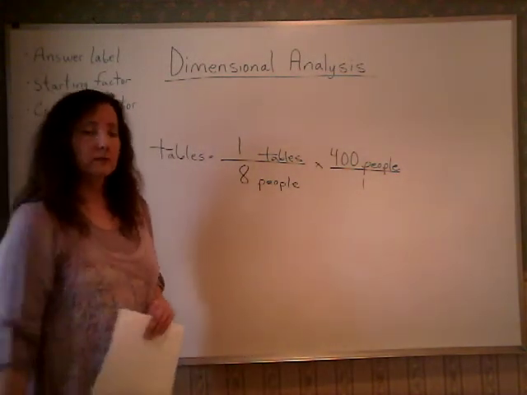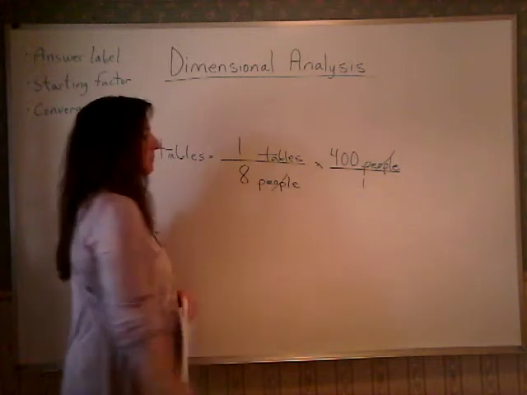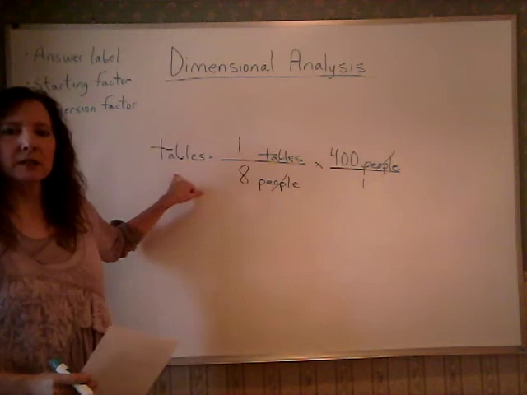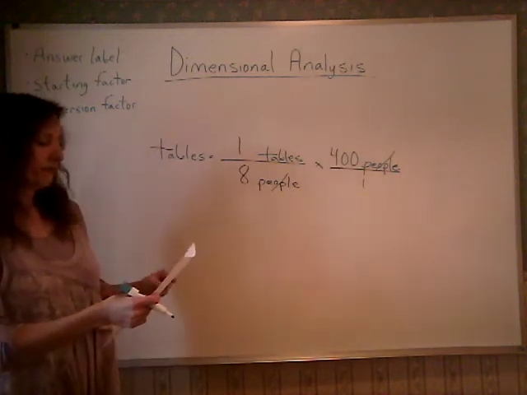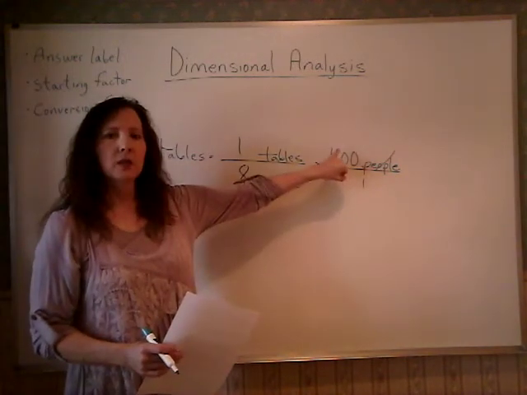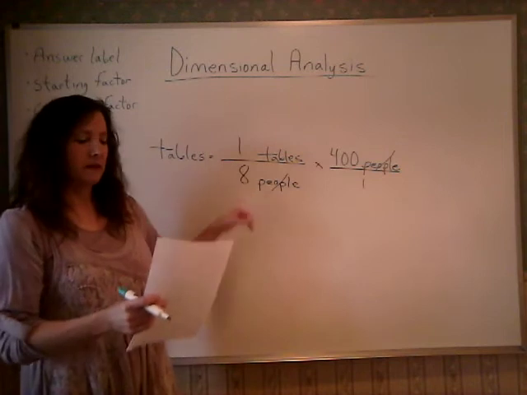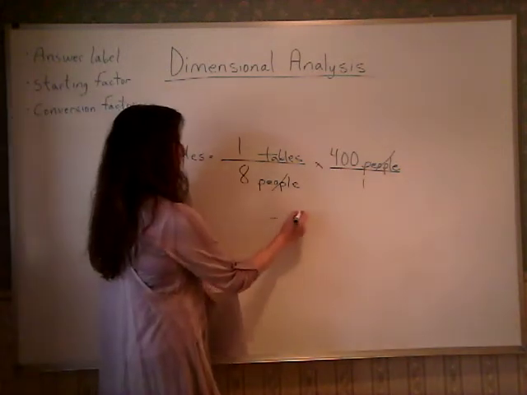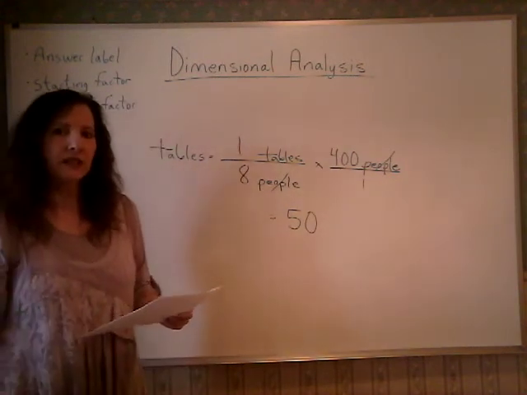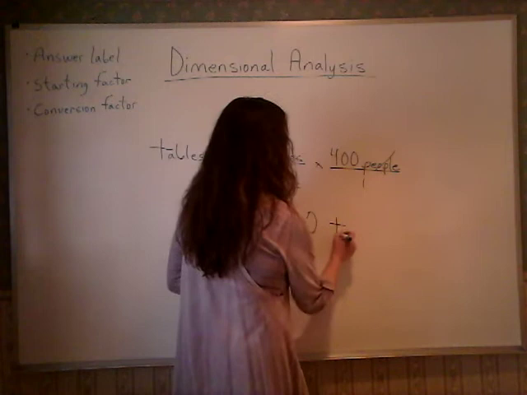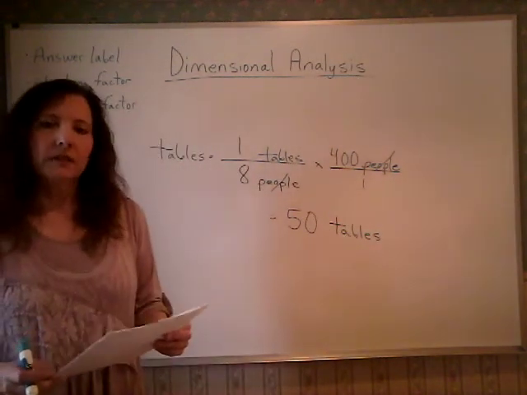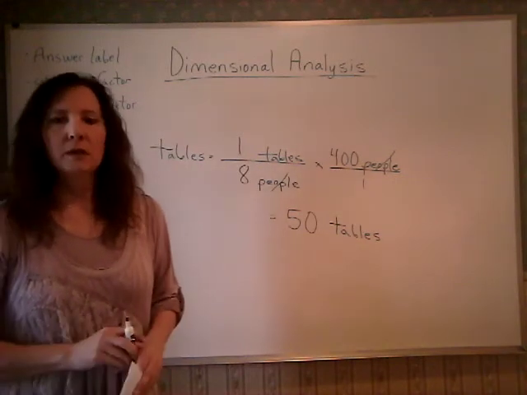Cross cancel people, and that leaves just tables, which is in my answer label. Then I do the math. I divide 400 by 8. It equals 50. I bring down my answer label. You'll need 50 tables to seat those 400 people.